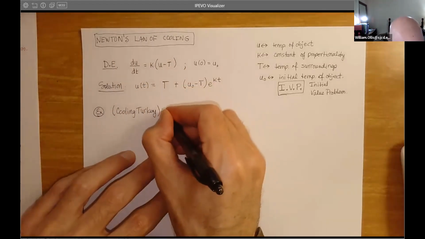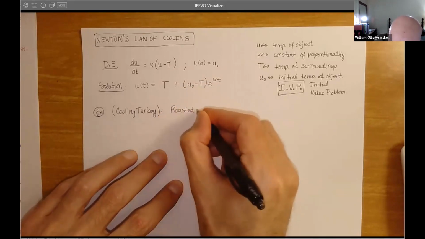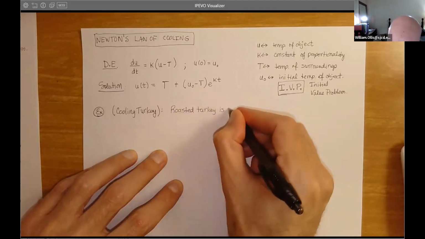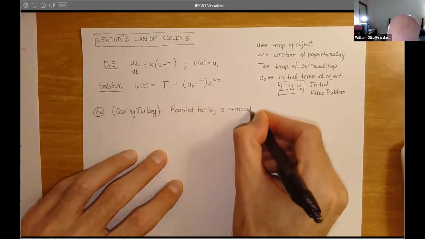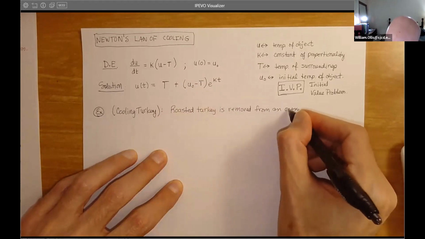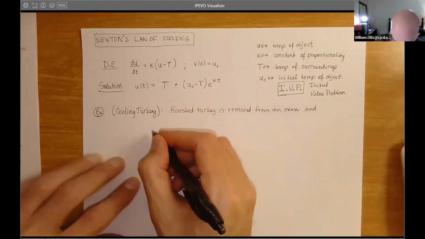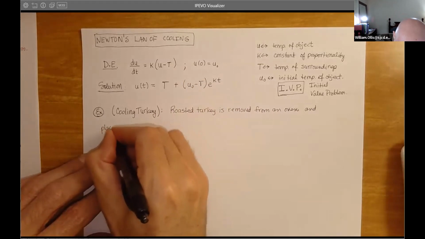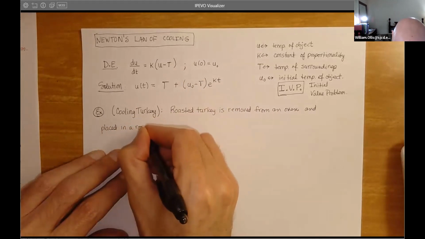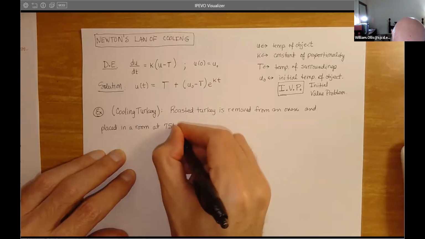So let's just say this: a roasted turkey is removed from an oven and placed in a room, maybe the kitchen, at 75 degrees.